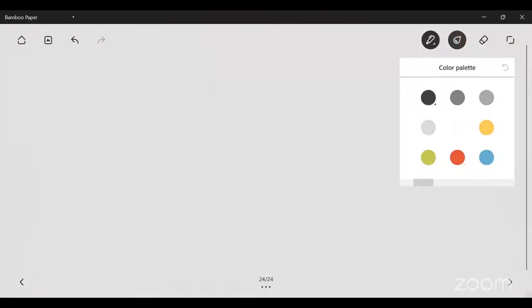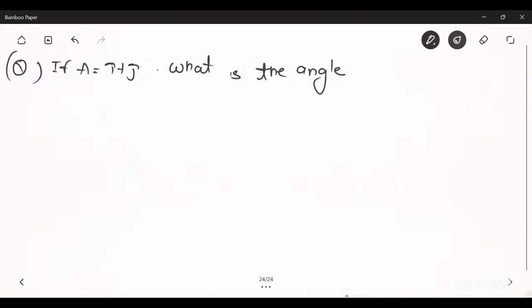Now, one of the previous year questions on the basis of resolution of a vector is a very short answer type question. If A equals I cap plus J cap, what is the angle between the vector and the x-axis?